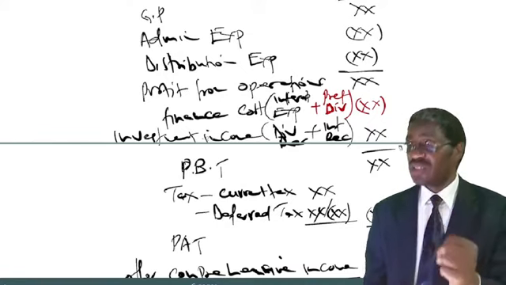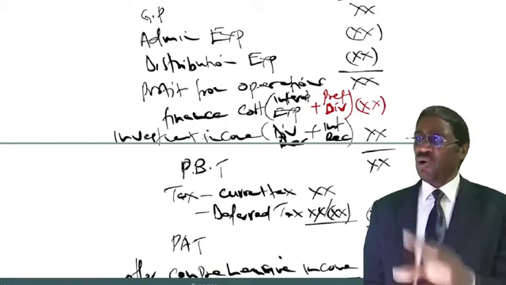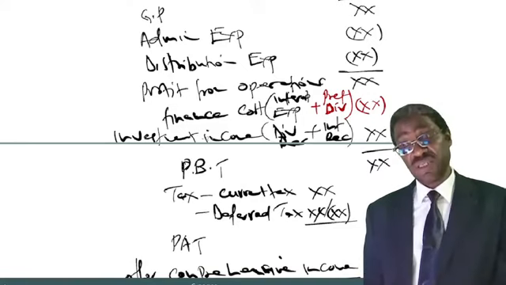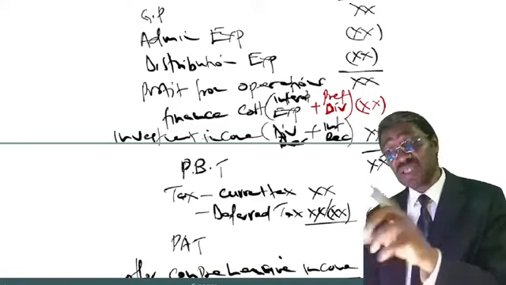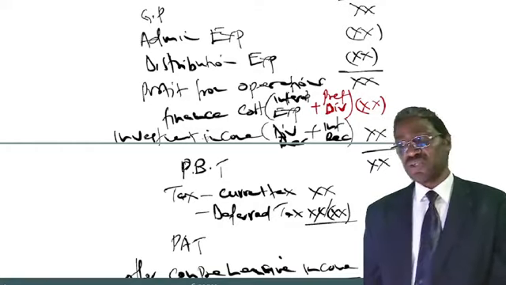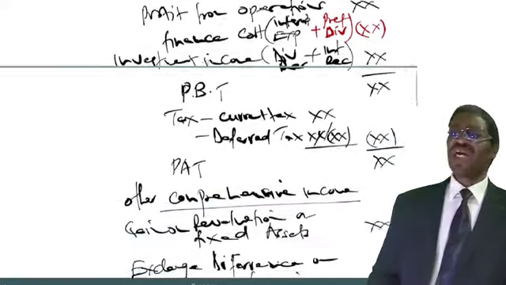I've also said the dividend on redeemable preference shares should be considered as a finance cost in the income statement. Good. So I think I'm through now.